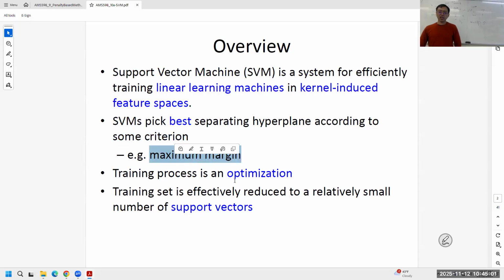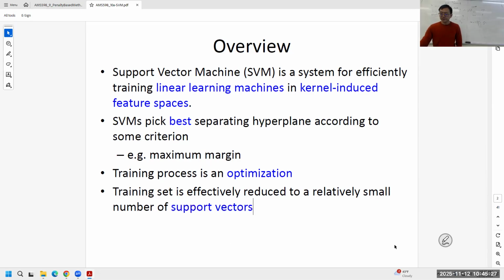The training process is essentially just an optimization process, and the training set is effectively reduced to a relatively small number of support vectors. So the SVM model mainly depends on a few important points. We call them support vectors, and that's why we call it the support vector machine.